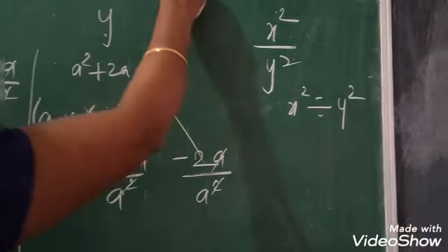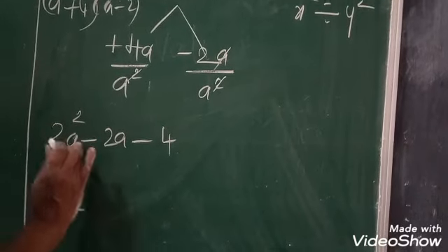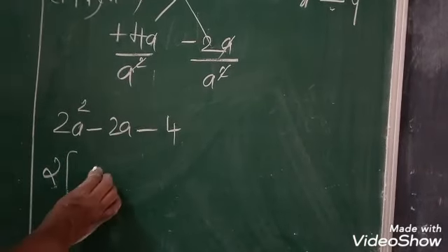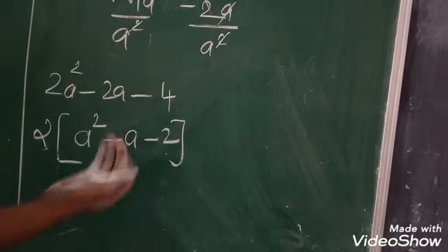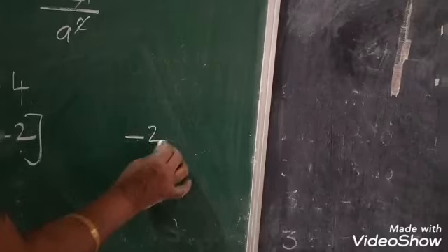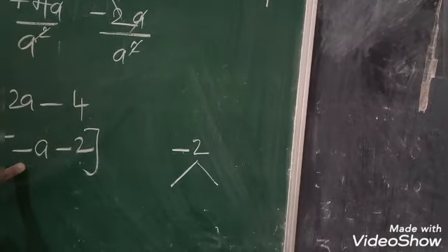Okay. Then the denominator. See, the denominator is 2a squared minus 2a minus 4. Shall I take the 2 outside, girls? Yes. If you take 2 outside, each term should be divided by 2. So a squared minus a minus 2. Here also you have to factorize. If you multiply you get minus 2. The same numbers add or subtract to give minus 1.